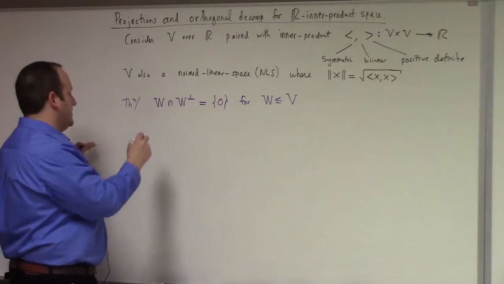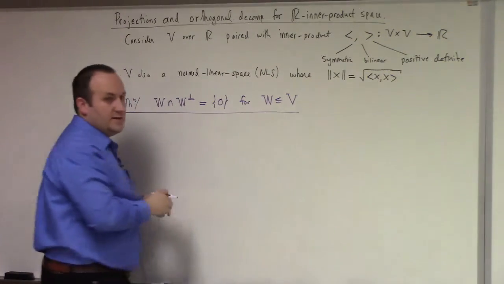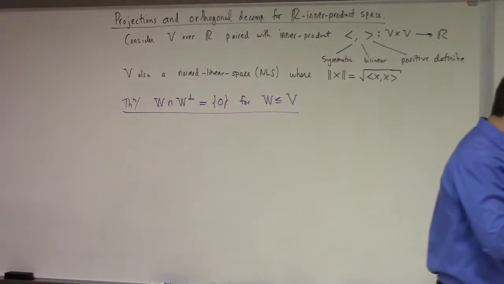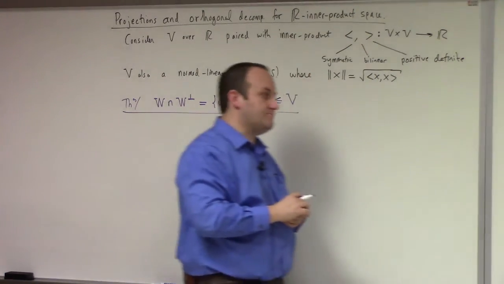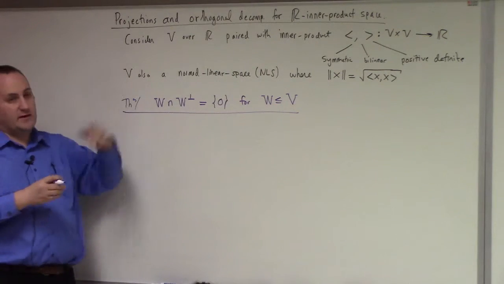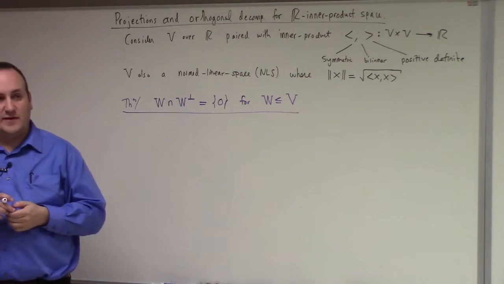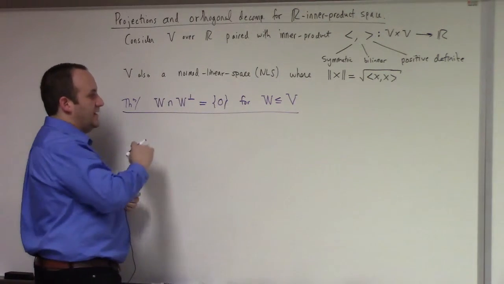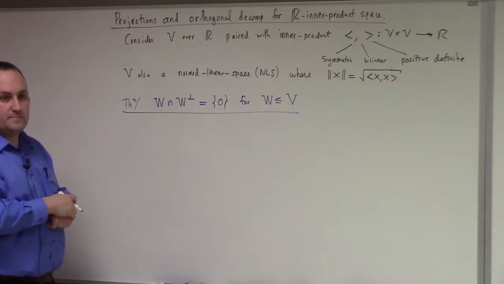Anyway, I'll prove it again if I haven't already. Let W be a subspace of a vector space. Again, V is still going to be an inner product space. Let W be a subspace, and let W perp be the perp of W. Then their intersection is 0.